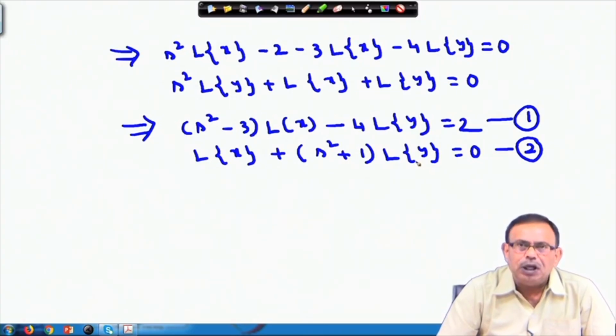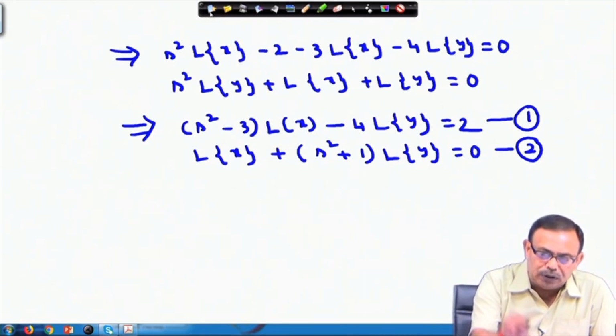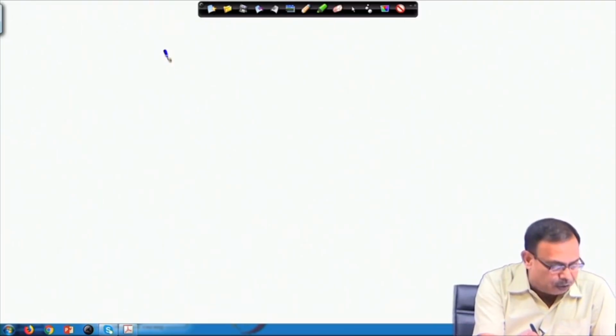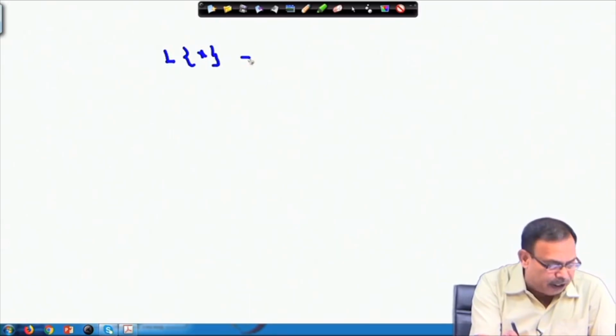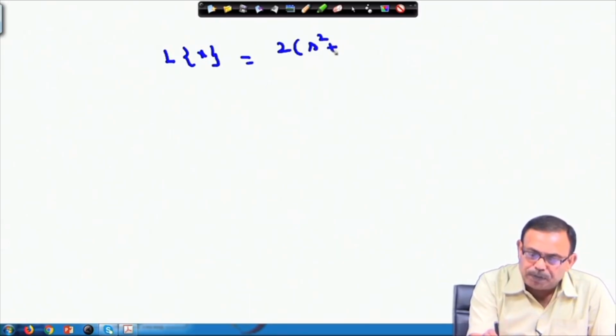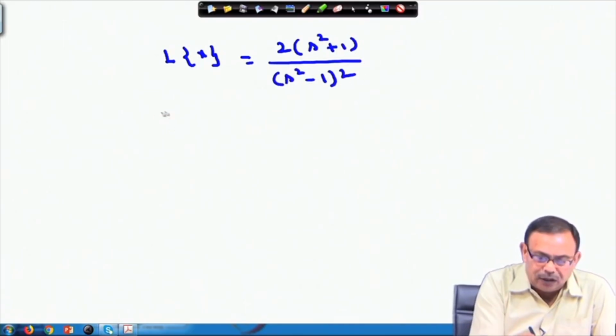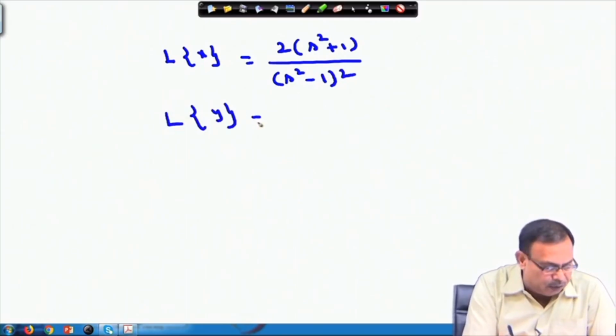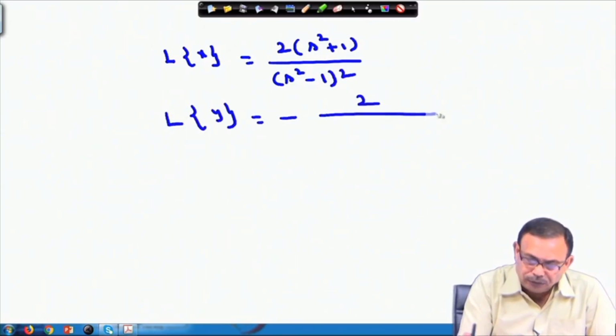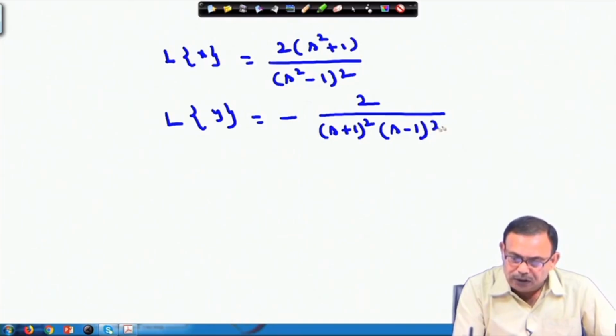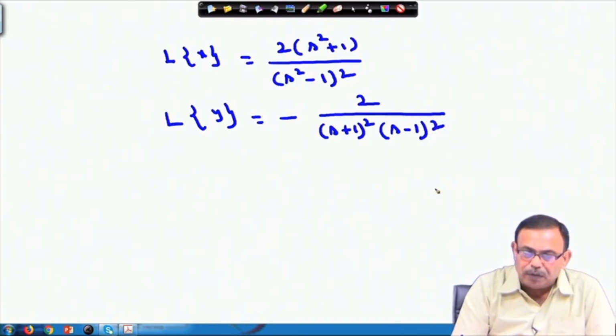By solving equations 1 and 2, you will obtain Laplace transform of x as 2 into s square plus 1 by s square minus 1 whole square, and Laplace transform of y as minus 2 by s plus 1 whole square into s minus 1 whole square. I am not explaining this because we have already done this.